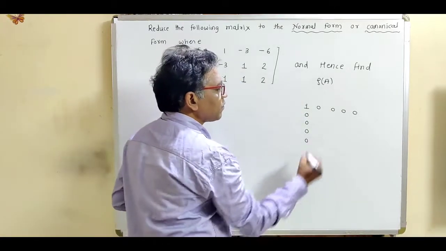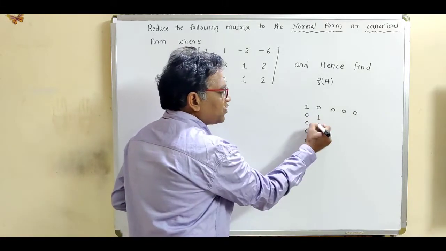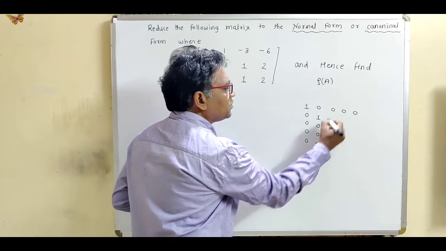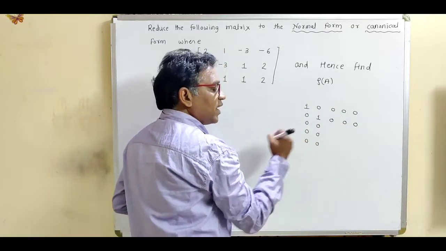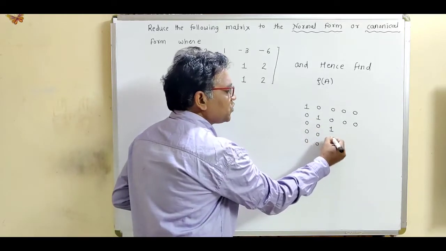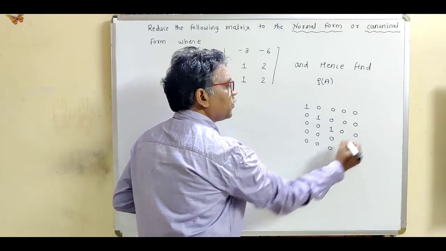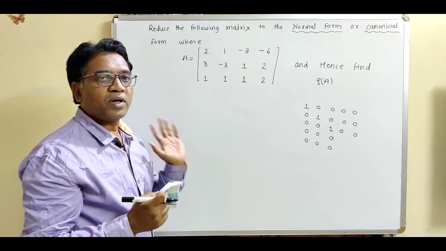What is the second step? Make this new entry 1. By using this one, make the corresponding column 0 as well as the corresponding row 0. What is the next step? Make the new entry 1. By using this one, make the corresponding column 0 and the corresponding row 0. This is the technique for finding the normal form or canonical form.